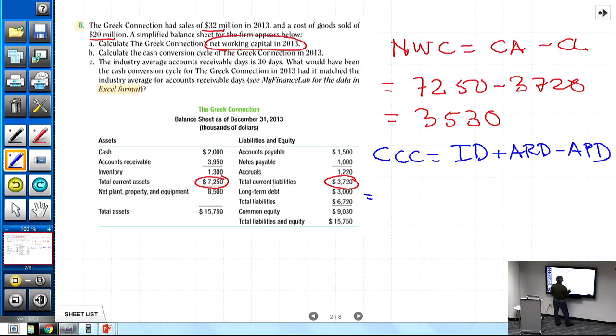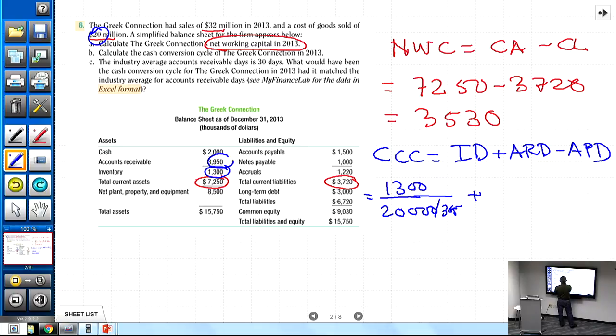So inventory days would be, we take inventory 1300, divide that by cost of goods sold, which is 20,000. This is in millions, so it's 1.3 million divided by 20 million. Then I will divide that by 365, plus accounts receivable days.